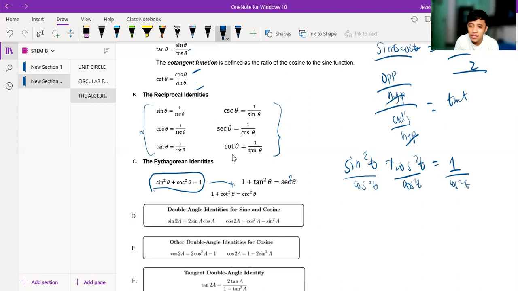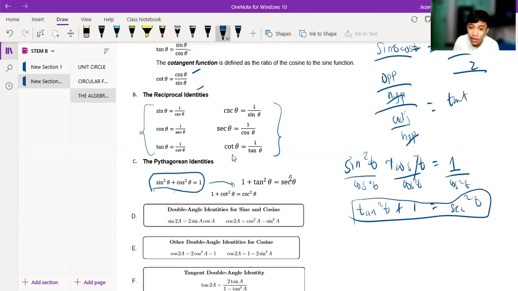So, this is tangent squared theta plus, of course, 1 is equal to 1 over cosine squared theta, which is secant squared theta. Kapag naman dinivide mo both sides ng sine squared theta, ang makukuha mo ay 1 plus cotangent squared theta equals cosecant squared theta. Okay? So, that's Pythagorean identities.